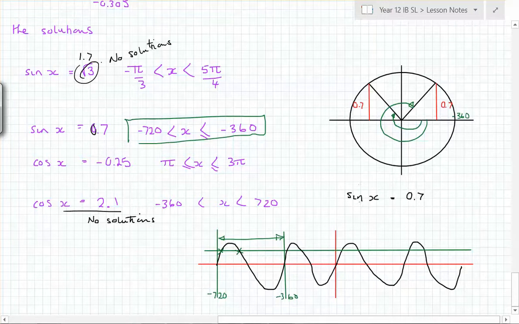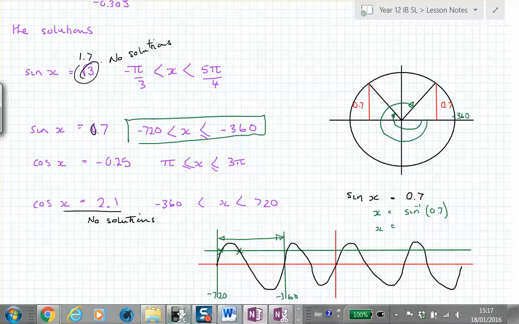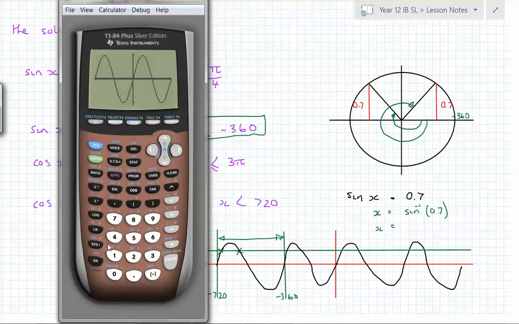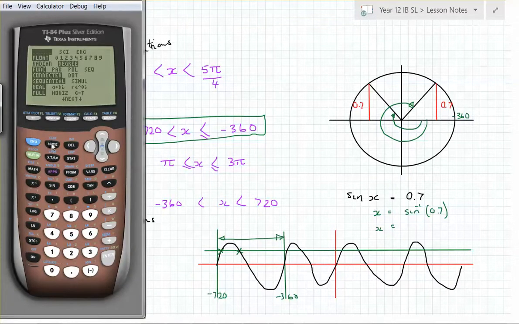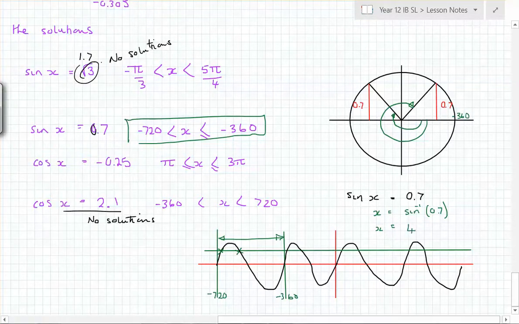But if I do x equals the inverse sine of 0.7, what do I get? Well, degrees, obviously. So I'm in degrees, so let's do it. Have you done it? Yeah, 44.43. I'm just going to do 44.4 degrees.